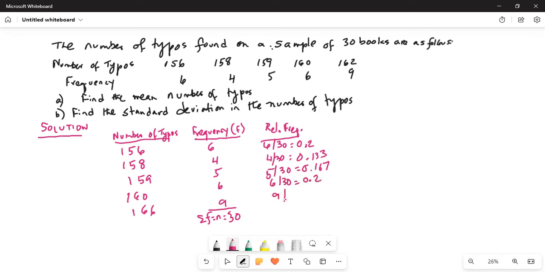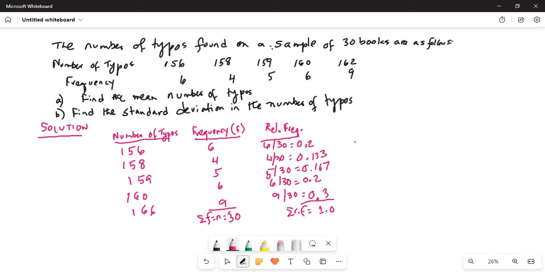And the last one is 9 divided by 30, which is 0.3. Notice if I add the sum of the relative frequencies, that should work out to 1.0, as you would expect, because it's 100%.